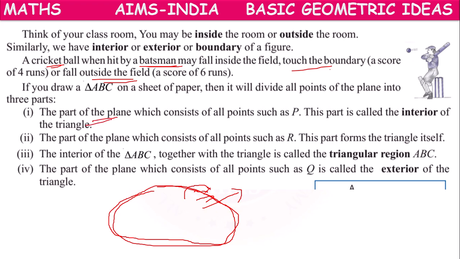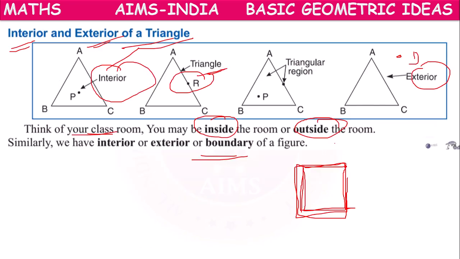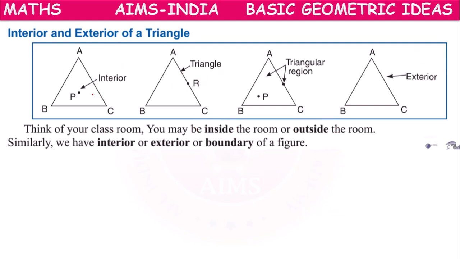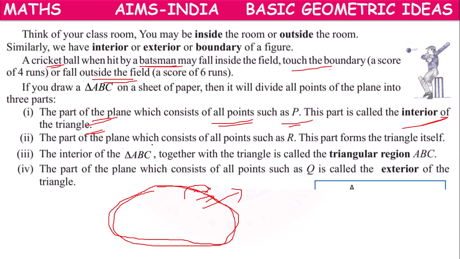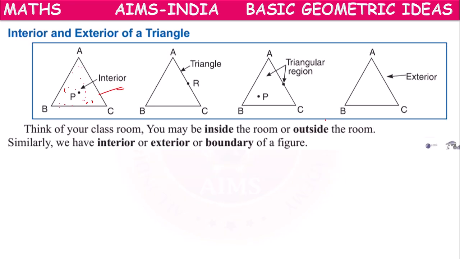So the part of the plane which contains all points such as P is called the interior of the triangle. Here this part, P, is the interior part. The part of the plane which consists of all points such as R is the triangle itself.